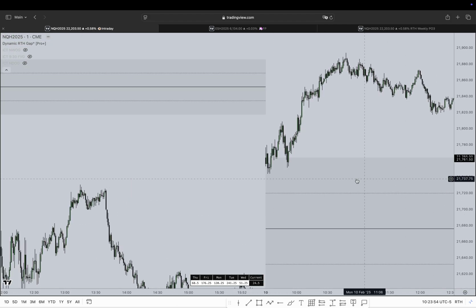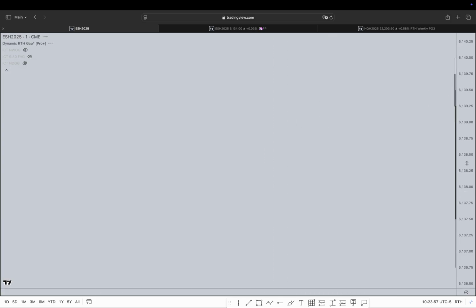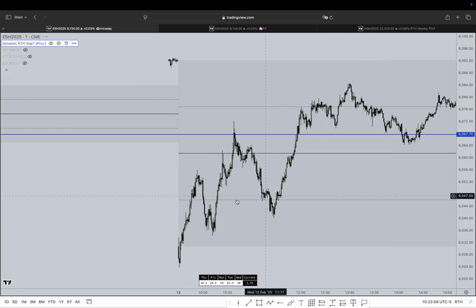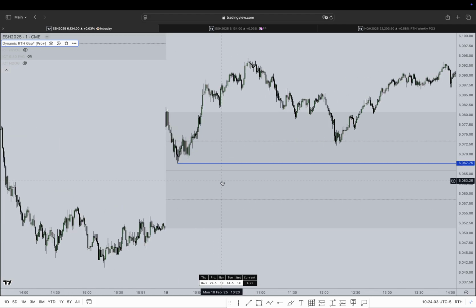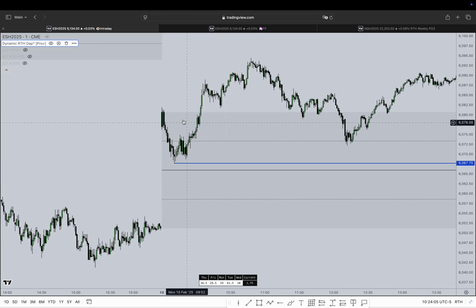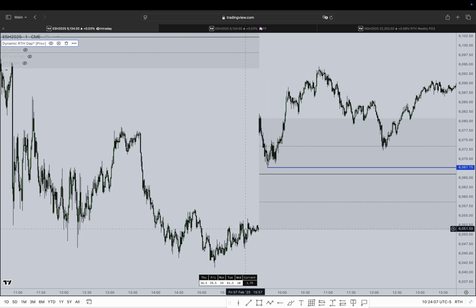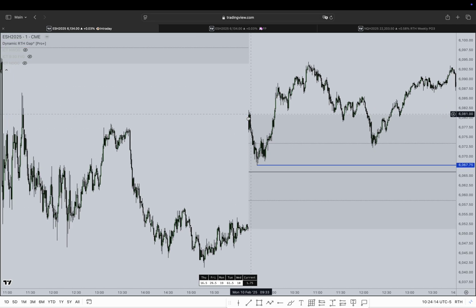This scenario is another, but it was not the day. But look, we have here on ES, I told you one of the assets is going to rebalance partially the gap. ES open, we are not anticipating to rebalance completely the gap because we are looking for a breakaway gap.